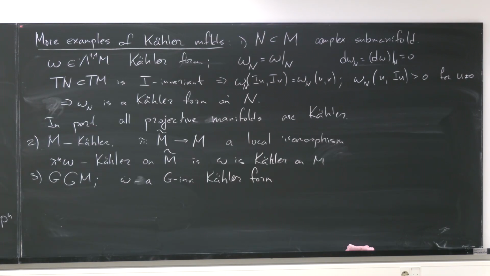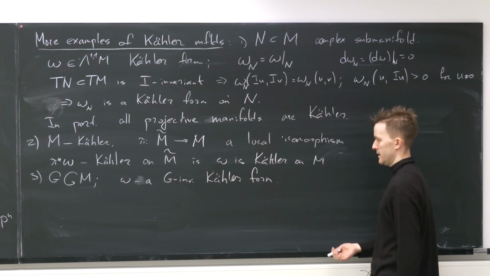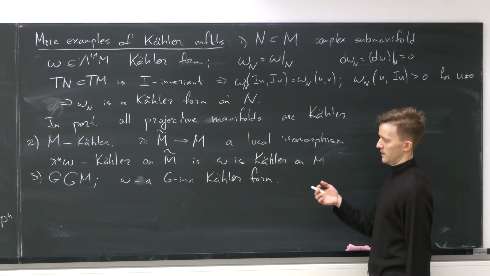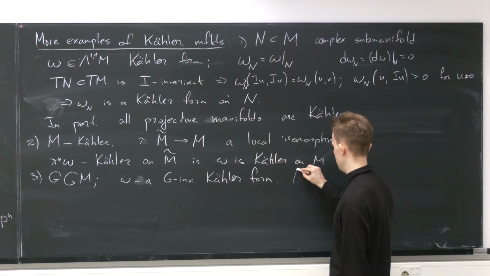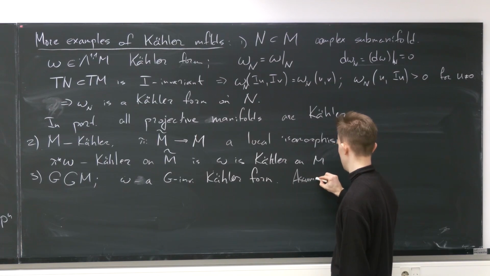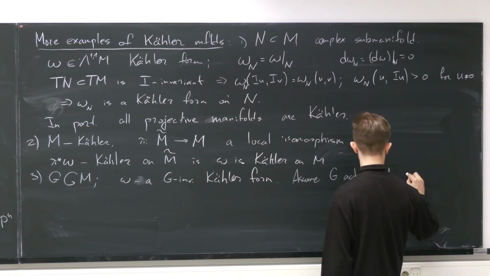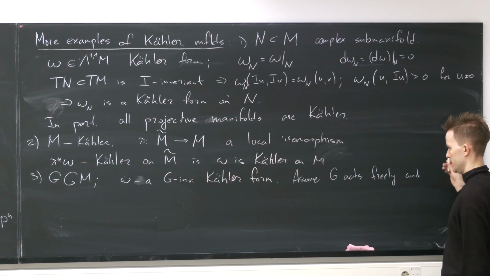Well, we should also assume, as before, in the first lecture, that this quotient is well defined, so that the action has some good properties. For example, assume G acts freely and properly discontinuously.